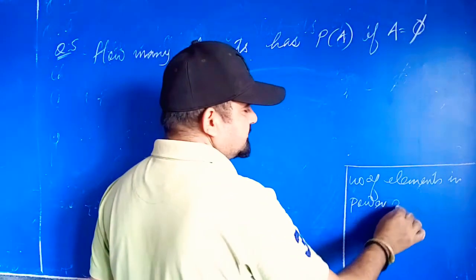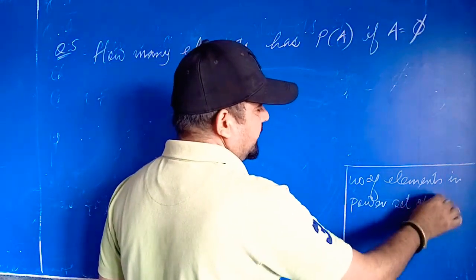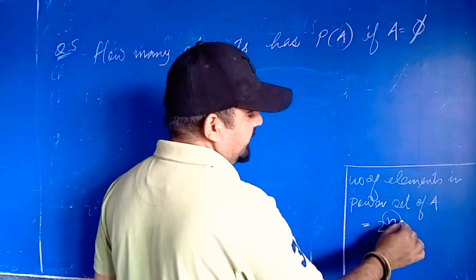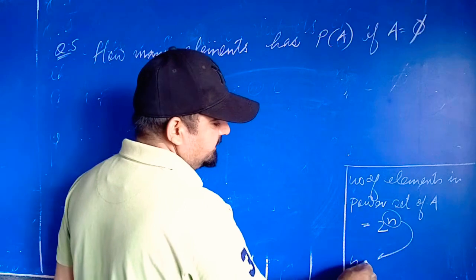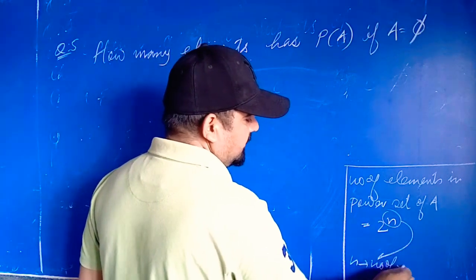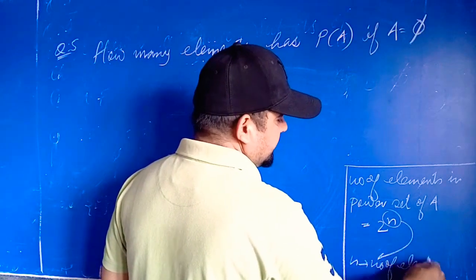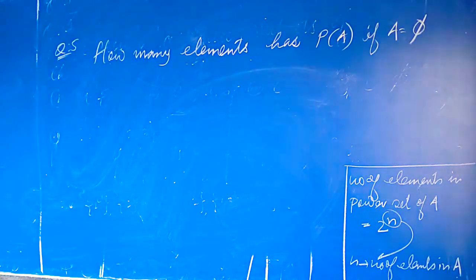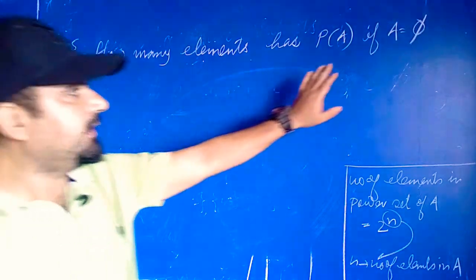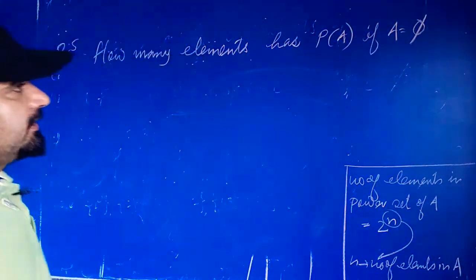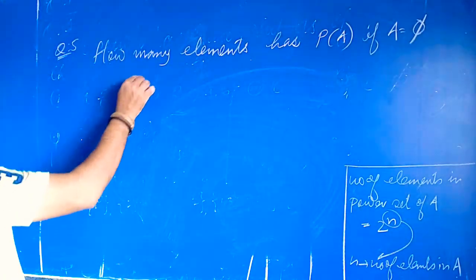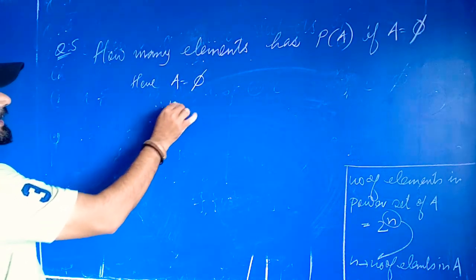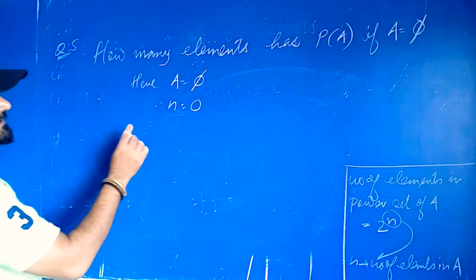Number of elements in the power set of A is equal to again 2 to the power n. And what is n here? n indicates the number of elements in A. Okay, fine. So if A is 5, how many elements will its power set have? So here A is equal to 5. Therefore, n, the number of elements in A, will be 0.